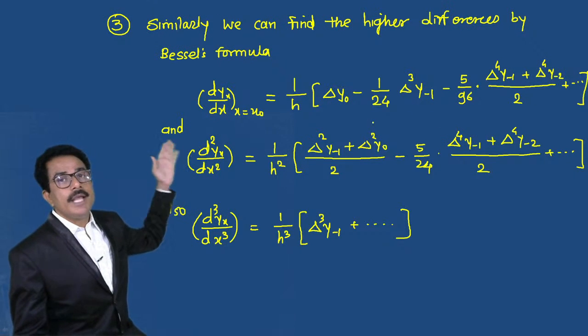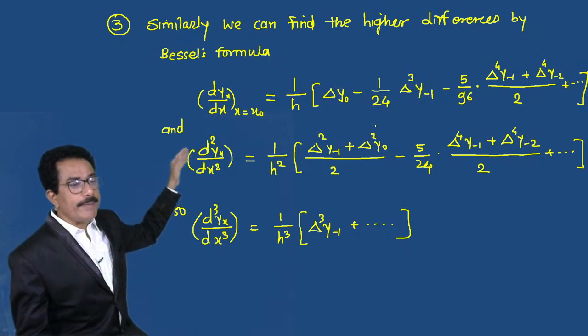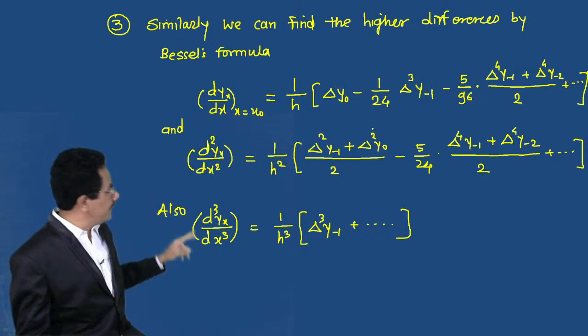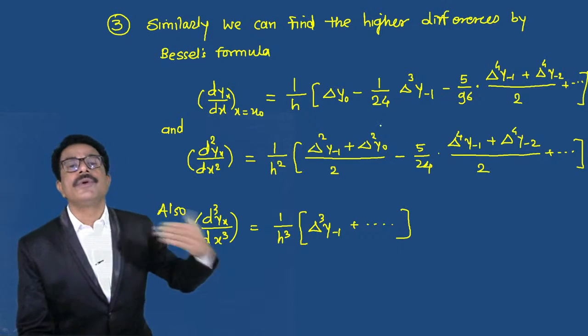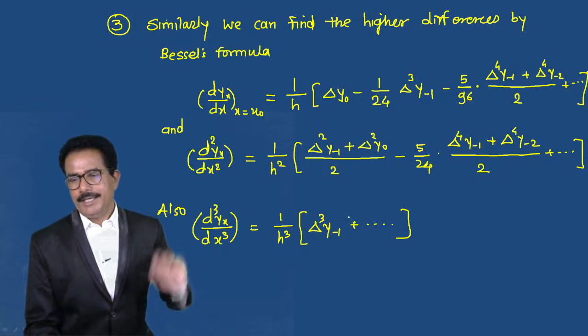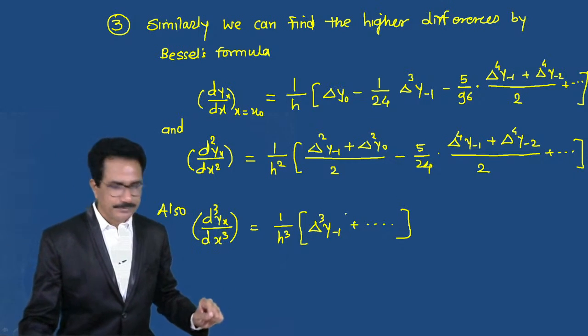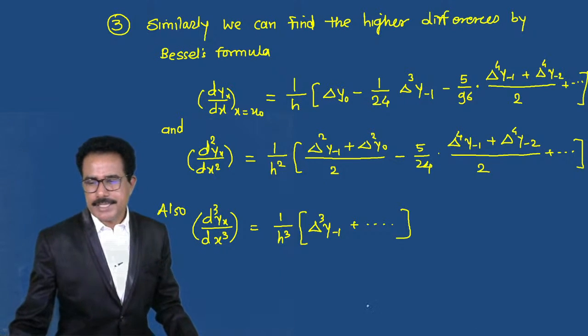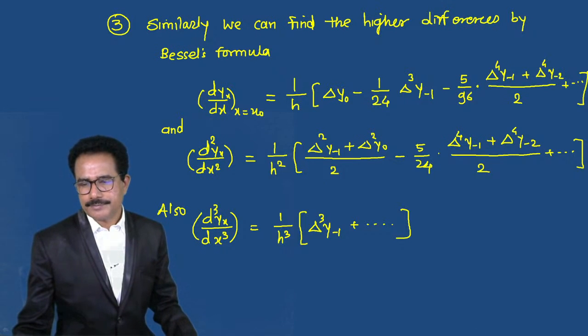This is the higher order derivatives, means dy by dx, d2y by dx square, d3y by dx cube. We can obtain by using the Bessel's formula. हे फक्त फॉर्म्युले लक्षात ठेवा. By using the Bessel's formula we can find this.